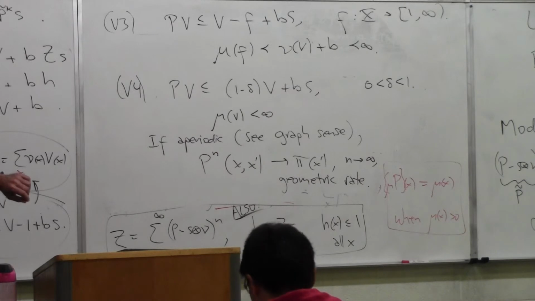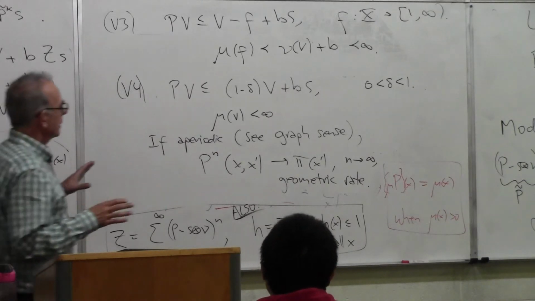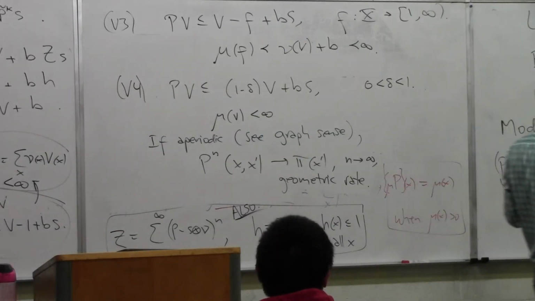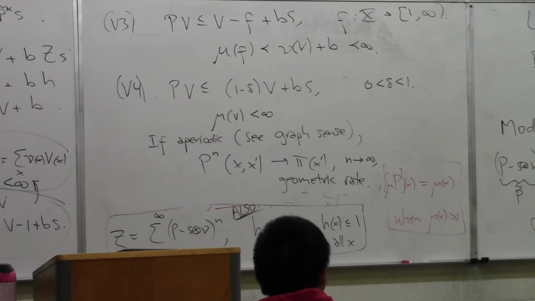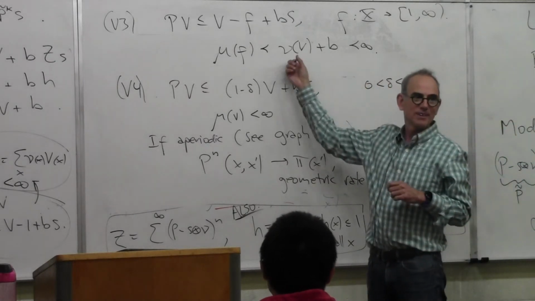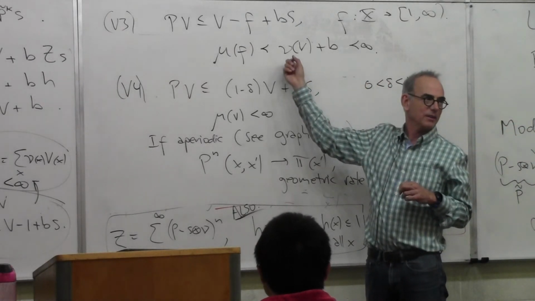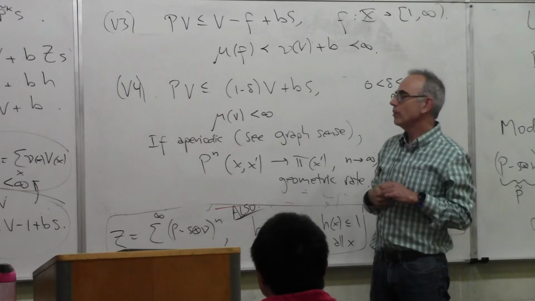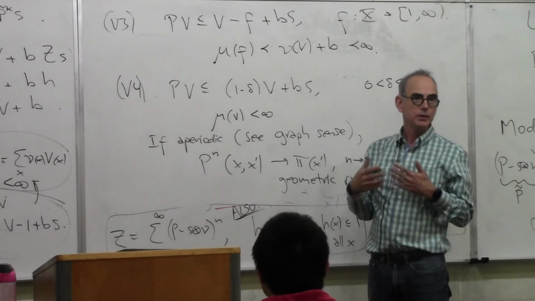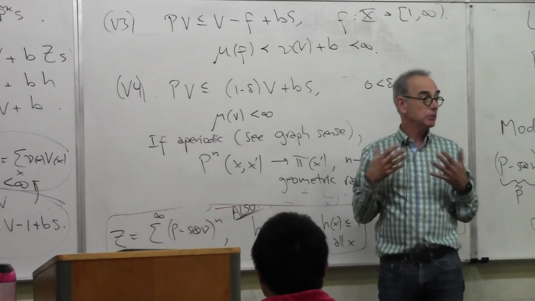But these people are obsessed with these Lyapunov functions, not so much because they're obsessed with countable state space or general state space Markov chains. I mean, some people are, but you get bounds. This is a really crude bound. You can get much better bounds than that. And people are interested in rates of convergence of Markov chains to stationarity. They're interested in that for simulation.